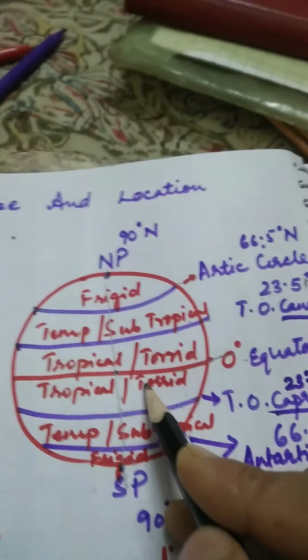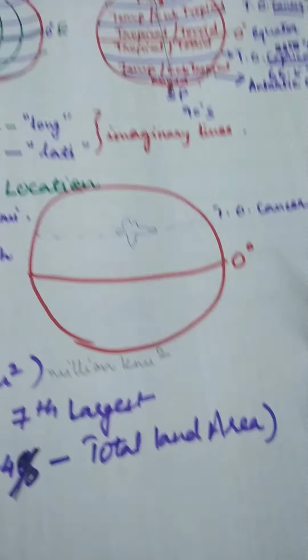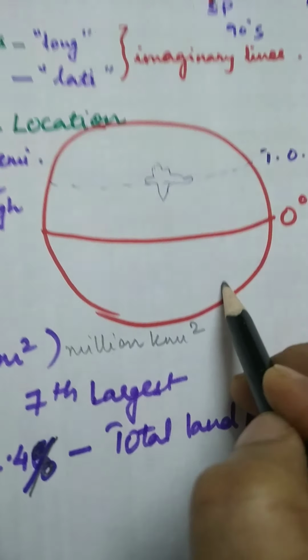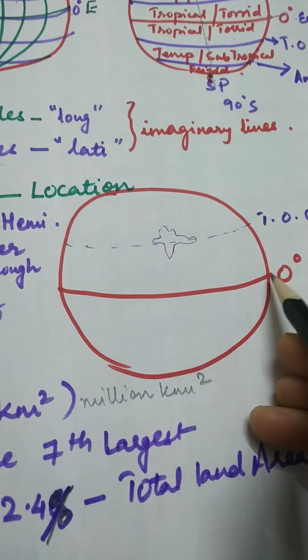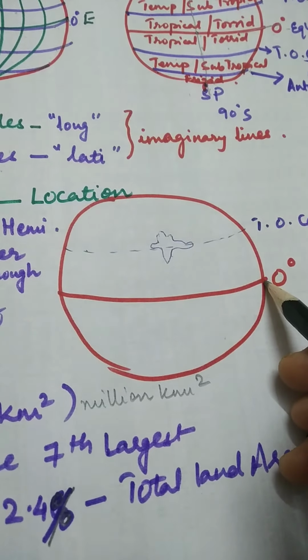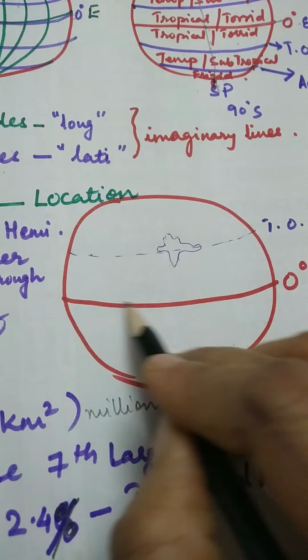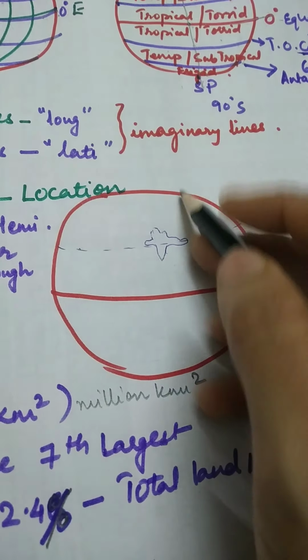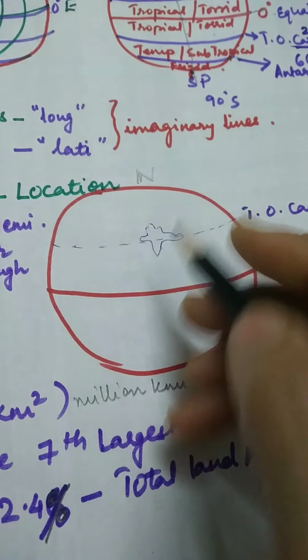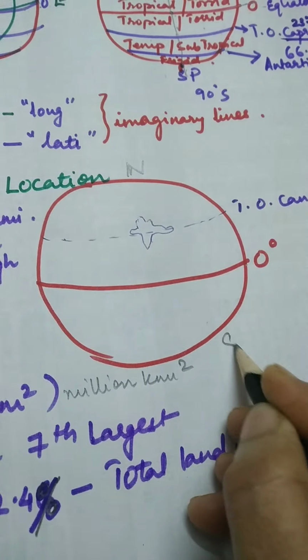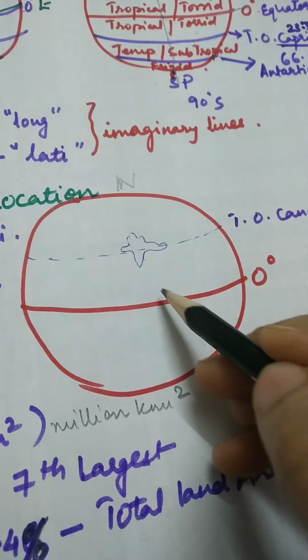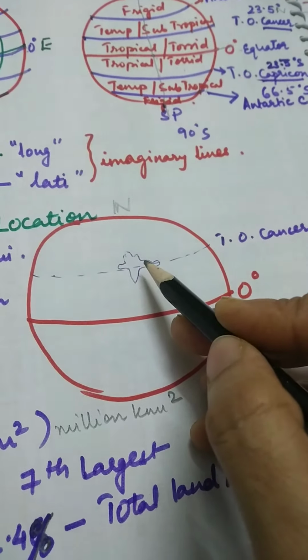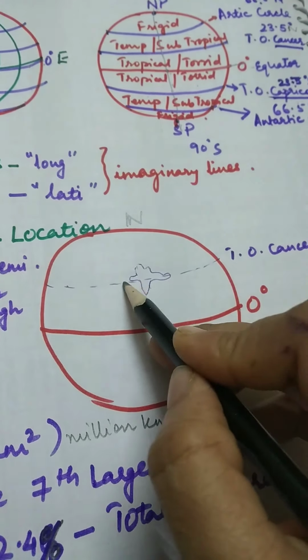Where is India located? Now if you look at the diagram, you will see here we have the 0-degree equator dividing the Earth in two equal halves. The upper portion is the northern hemisphere and the lower portion is the southern hemisphere. Now India is exactly on the line.